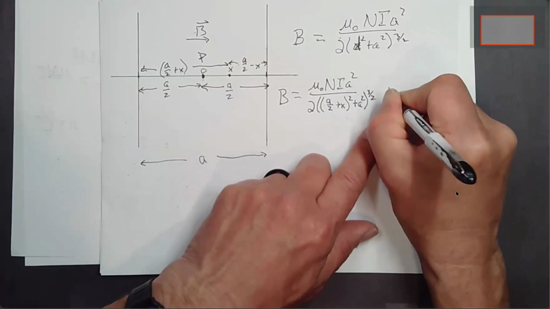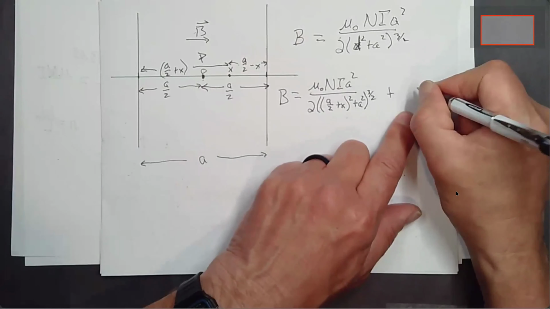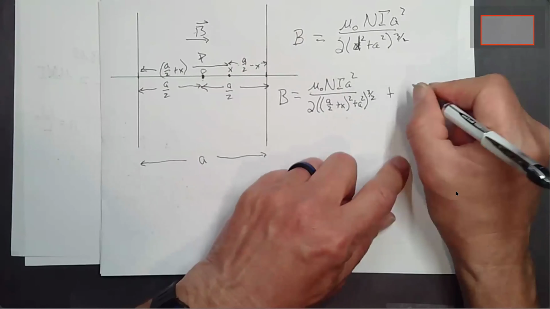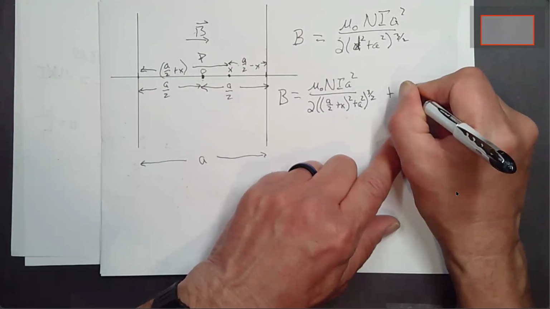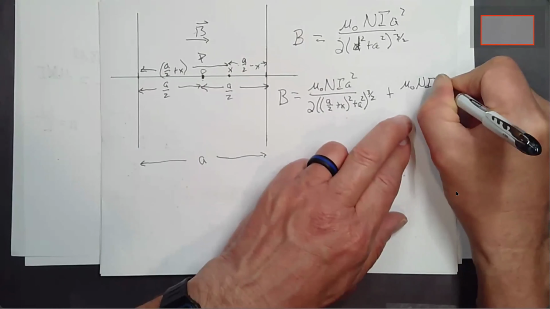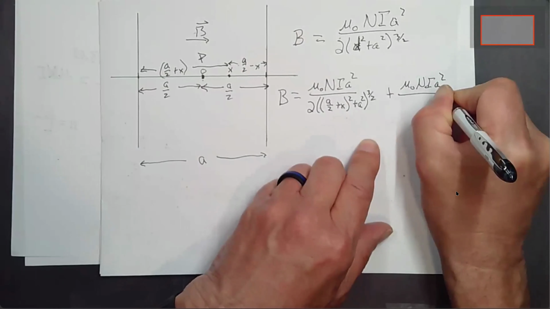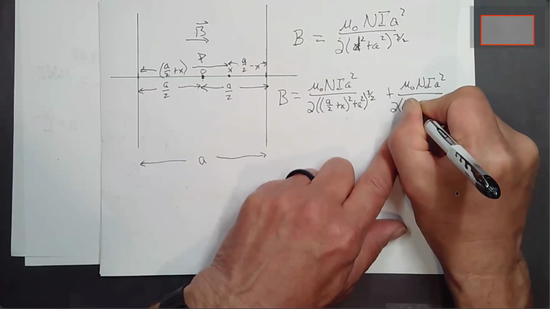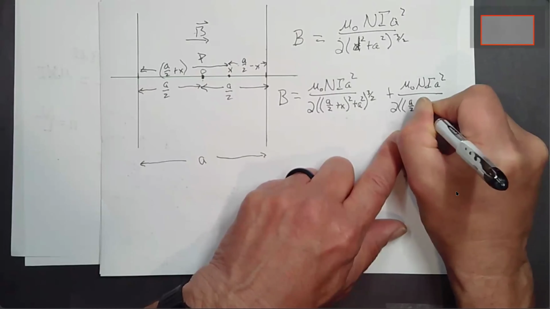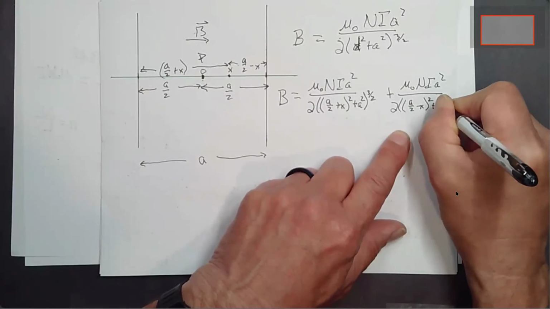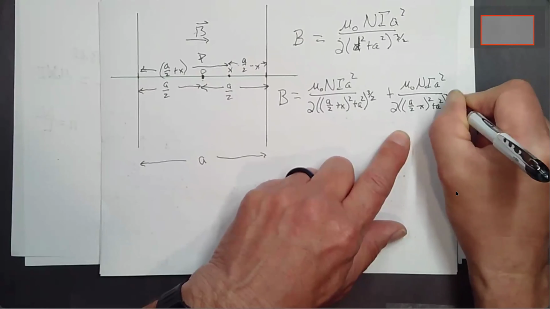And the contribution from the right coil will look very much like that, except it's going to be A over 2 minus x here. So mu naught N I A squared over 2 times A over 2 minus x quantity squared plus A squared, and to the 3/2.